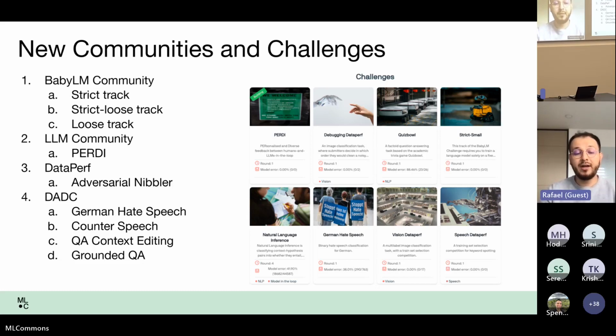And we've been working really hard to get everything going on Dynabench, and we've received plenty of support from those communities, to the point at which we have, I think, about 12 submissions in a couple of days for BabyLM. And for the LLM community, you'll hear from us in the future, but basically we're interested in beginning to create new datasets to evaluate large language models from all the different providers. Next slide, please.